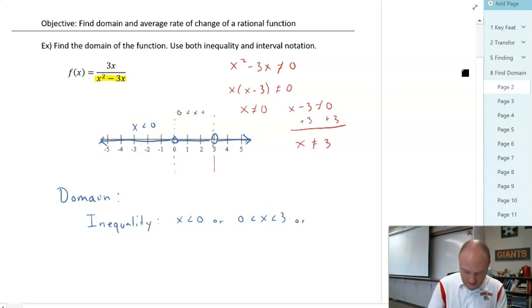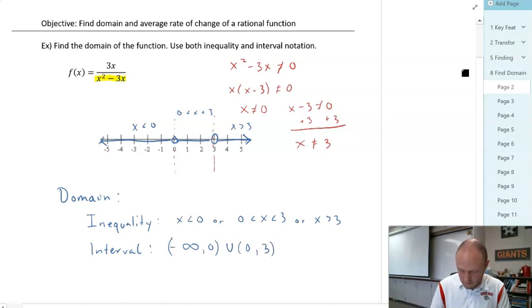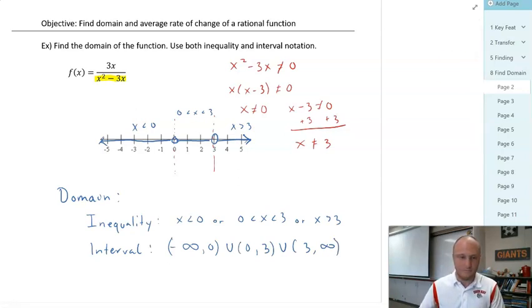Or x is greater than 3, and that is this piece here. We can also do this in interval notation, which is what they want. That would be negative infinity to 0, union 0 to 3, union 3 to infinity.